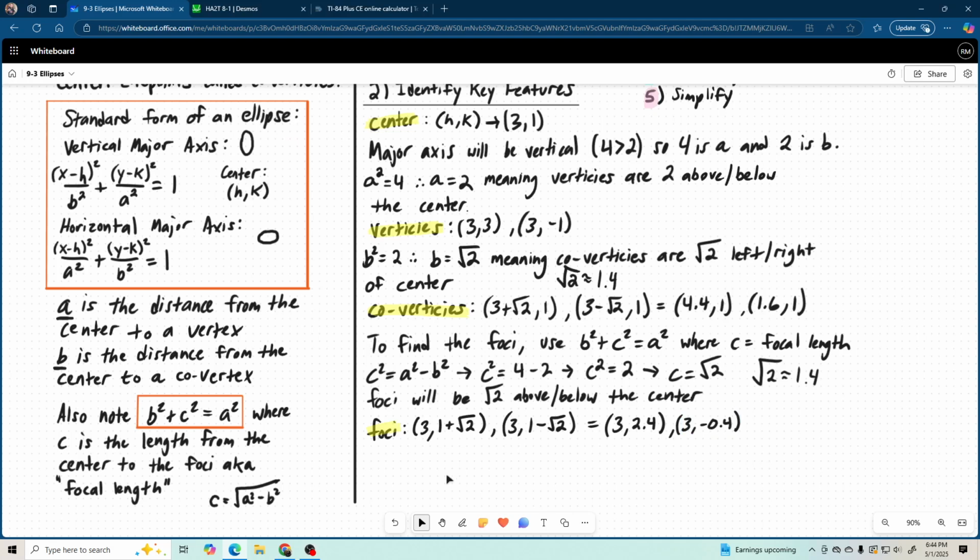Oh, actually, this should be 3, negative 0.6. Math is hard, guys. Let's change that here. All right, so 3, negative 0.6. And there you go, right? So we took the 1.4 and we went up 1.4. And then from 1, we went down 1.4 and gave us negative 0.6. So these would be our foci.